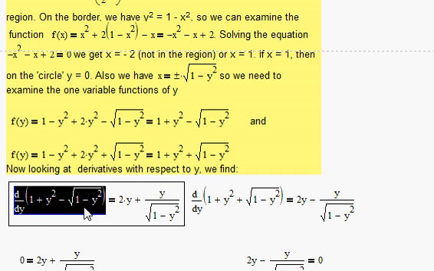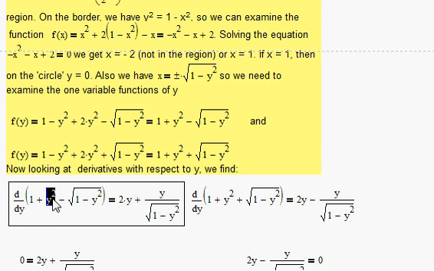So the derivative of this is 1, 0, the derivative of this is 2y. For the derivative of this, careful, since that's 1 minus y squared to the positive 1/2, our derivative is going to be 1/2 times 1 minus y squared to the negative 1/2 times the derivative of the inside function, which is negative 2y, and the 2 and the half cancel out, so we get y over square root of 1 minus y squared.